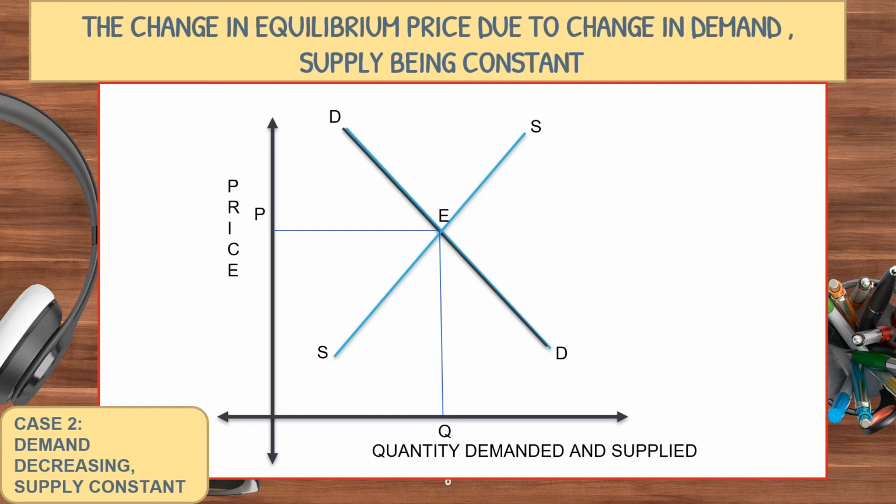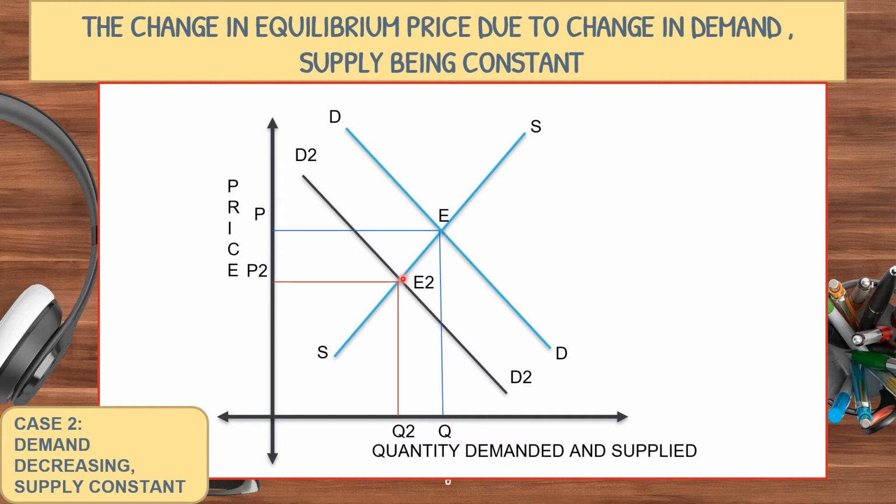Let's see how it impacts the equilibrium price. Can you see what has happened? The equilibrium price has shifted from OP to OP2. The equilibrium price has fallen from OP to OP2 because the equilibrium point has shifted from E to E2.